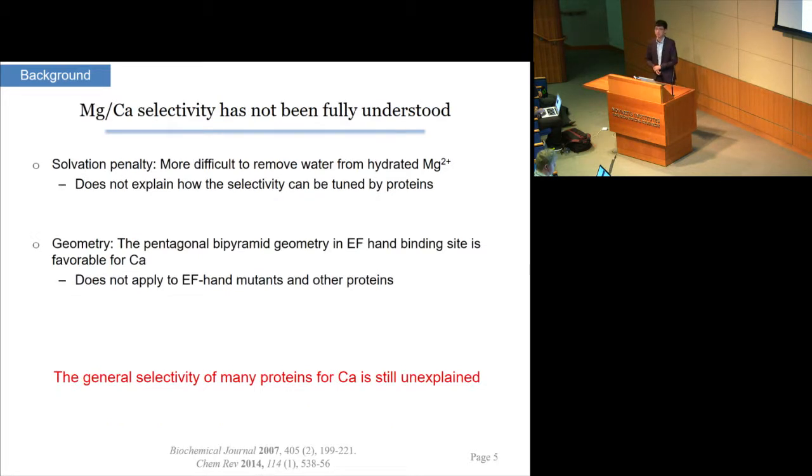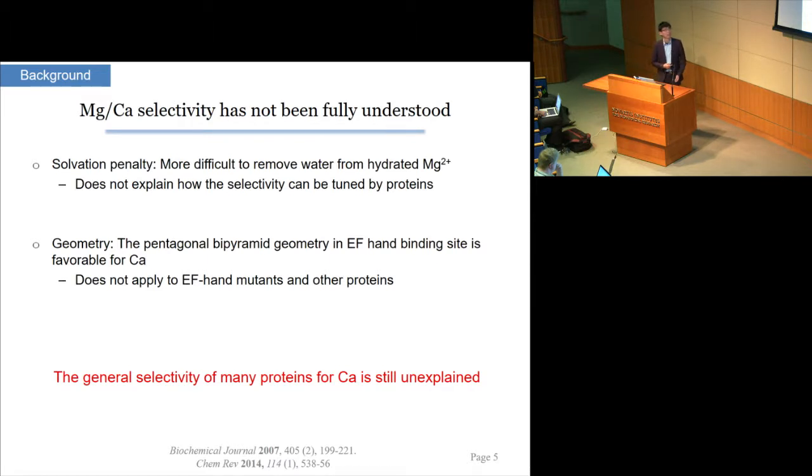There have been quite a lot of work on understanding this mechanism for the selectivity, which are summarized in these review papers. One argument is the solvation penalty. Because the magnesium has higher solvation penalty, it should bind more weakly to the proteins.